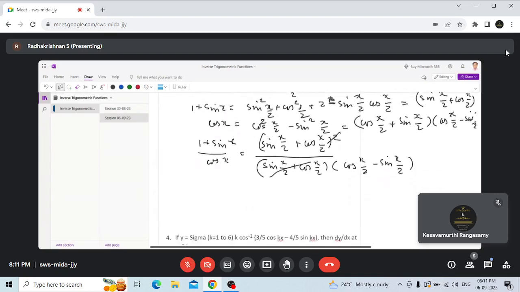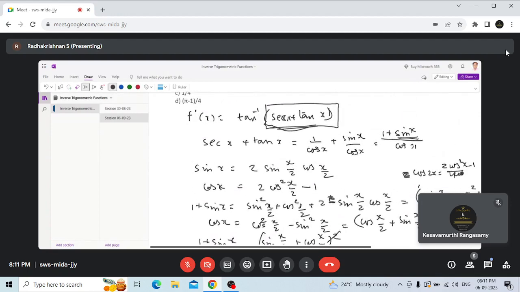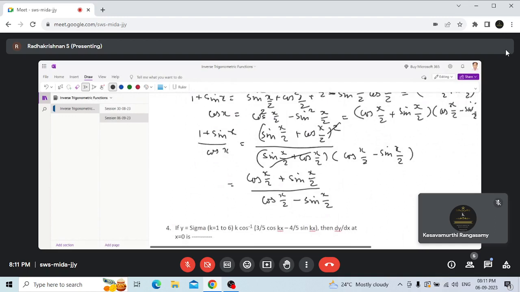So it has become cos x by 2 plus sine x by 2 divided by cos x by 2 minus sine x by 2. So that is your secant x plus tan x has become like this now. Next, you divide all the terms by cos x by 2. It will become 1 plus tan x by 2 divided by 1 minus tan x by 2.